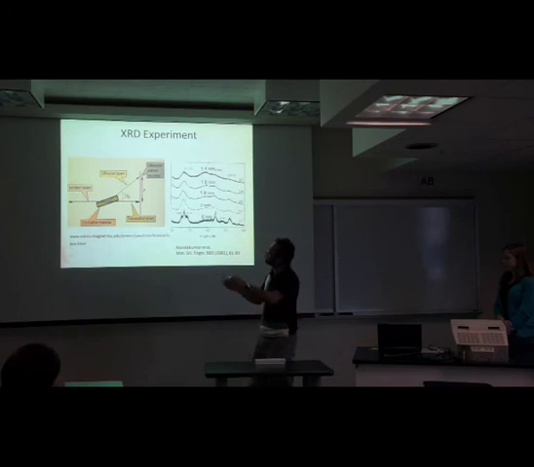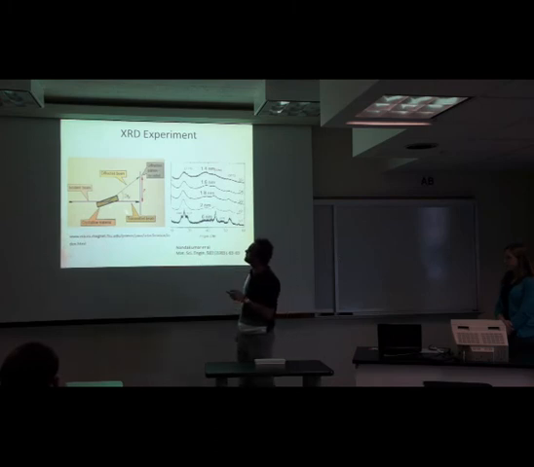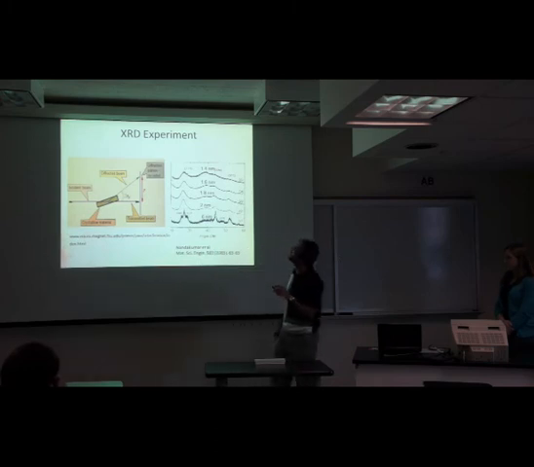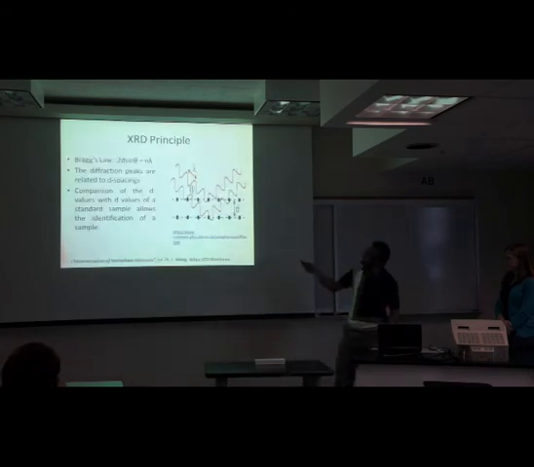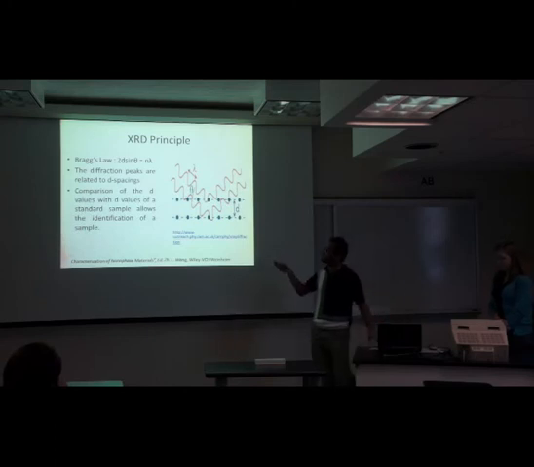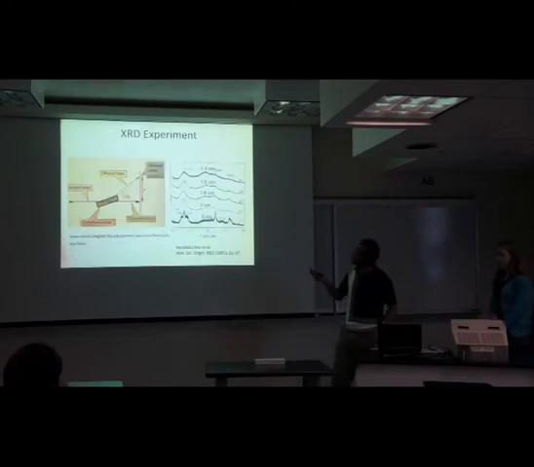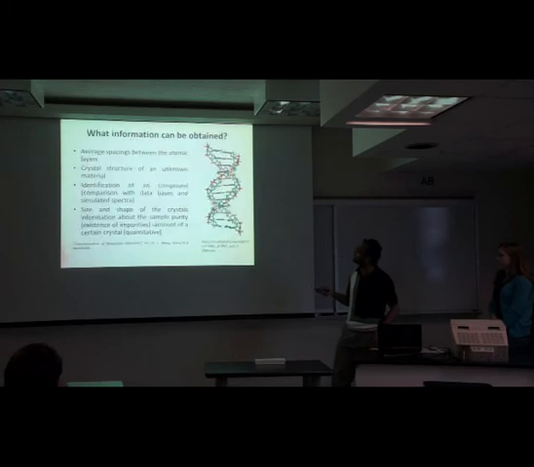Sometimes instead of rotating the X-ray, you can rotate the sample itself at different angles. That angle is calculated based on the formula from the previous slide, 2d sin theta equals n lambda, where lambda is the wavelength of the X-ray. You can get the signals at particular angles. Based on that, you can find out the defects and whatever you want to know.